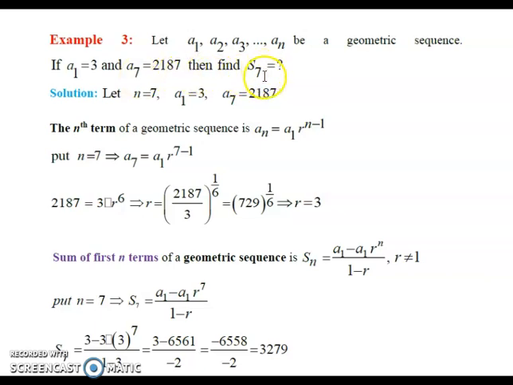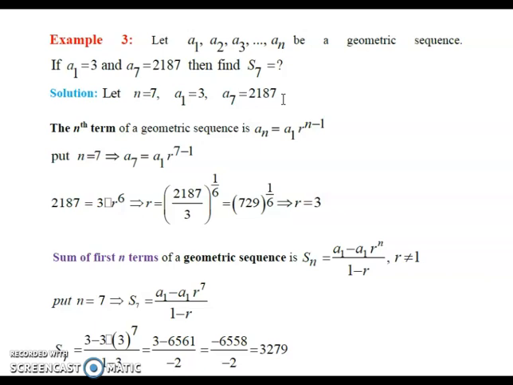That means the sum of the first 7 terms of a geometric sequence. That is, n equal to 7, a1 equal to 3, a7 is 2187.